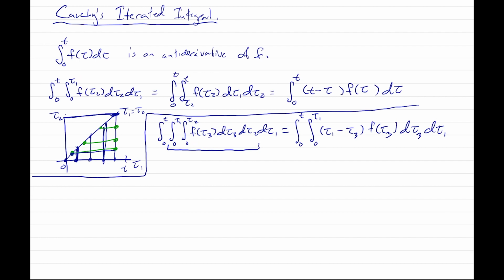Now we're back to this thing again, and this is the equation we get. Now I'm going to go ahead and swap the integrals again, and when I do that, this is what I get.